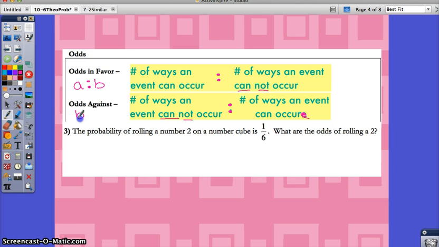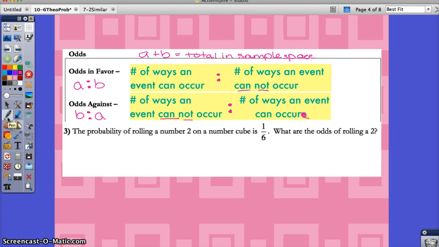It would be B to A. One connection you can make with odds and probability is if this is the number of ways the event can occur and this is the number of ways the event can't occur, then together those numbers will give you the total in the sample space. So write that down. That's important to know, and that'll help us whenever we're going back and forth between odds and probability.